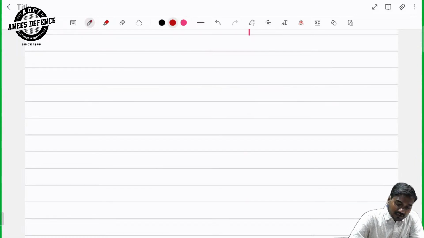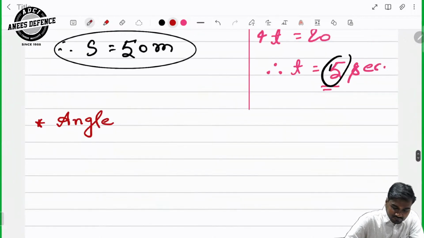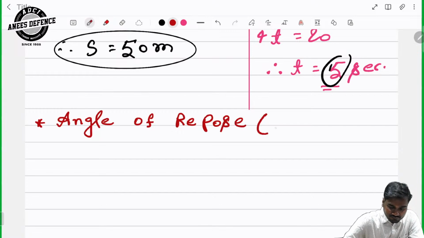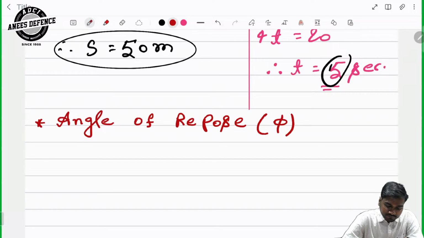Next topic is angle of repose. Angle of repose.